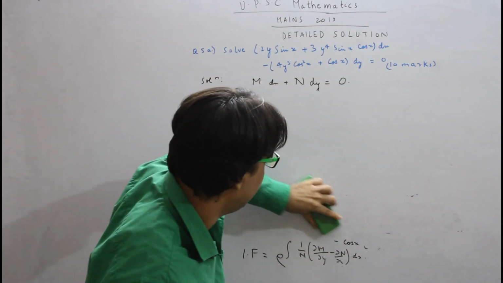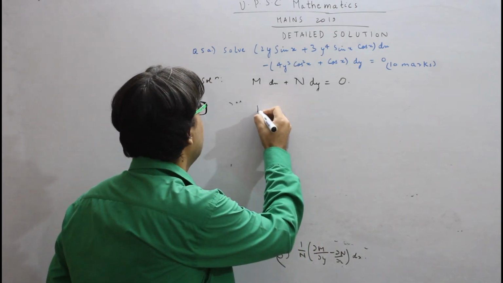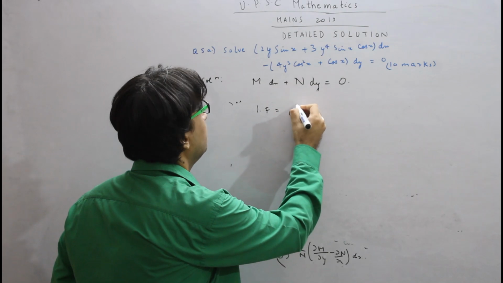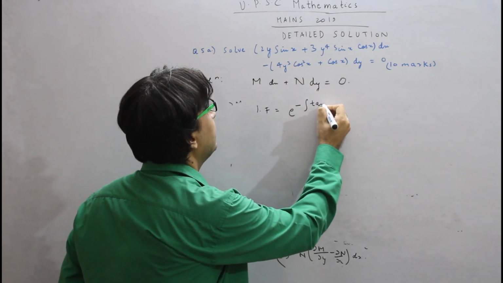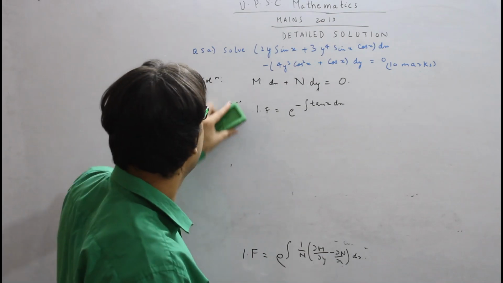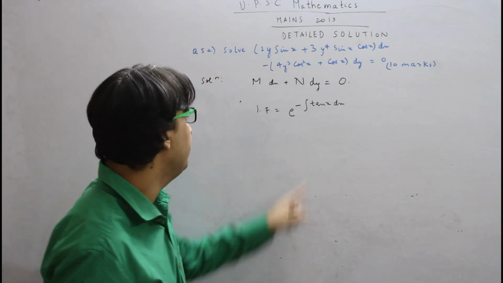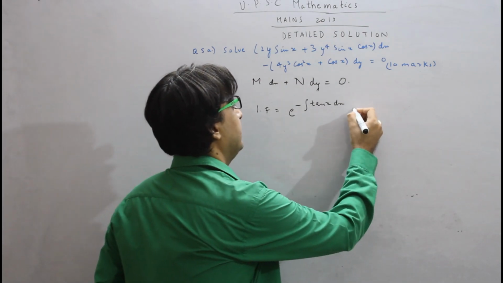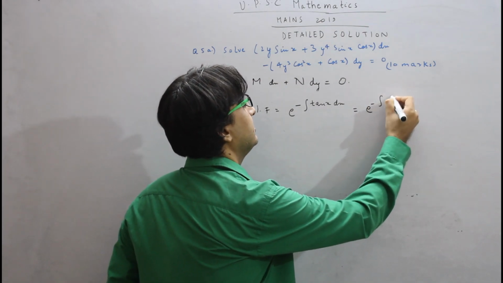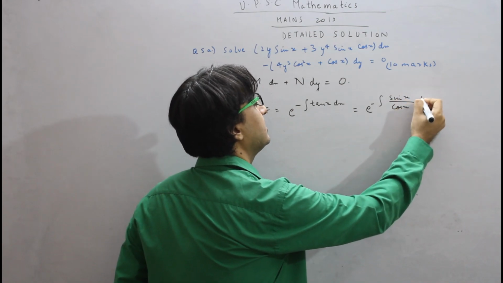Our integrating factor is e to the power integral of minus tan x dx. So we can write it as e to the power integral of minus sin x by cos x dx.